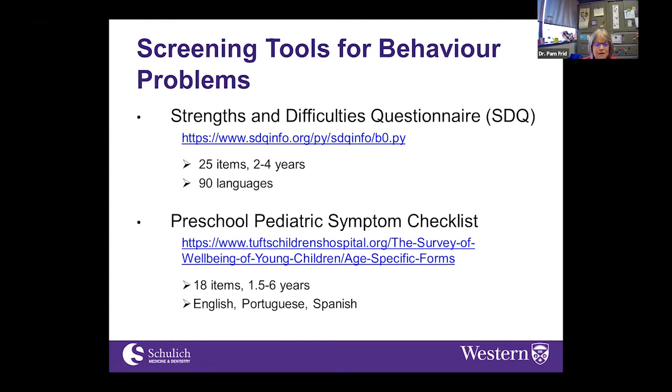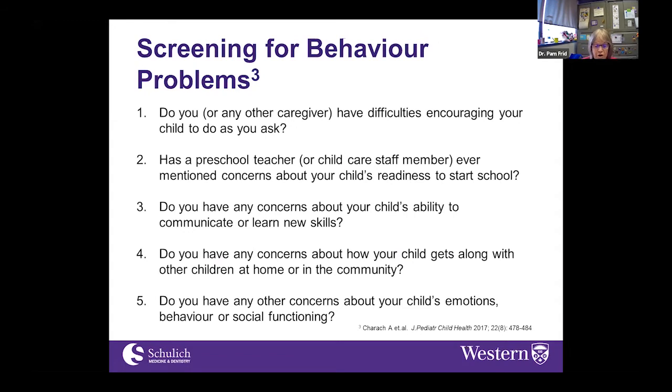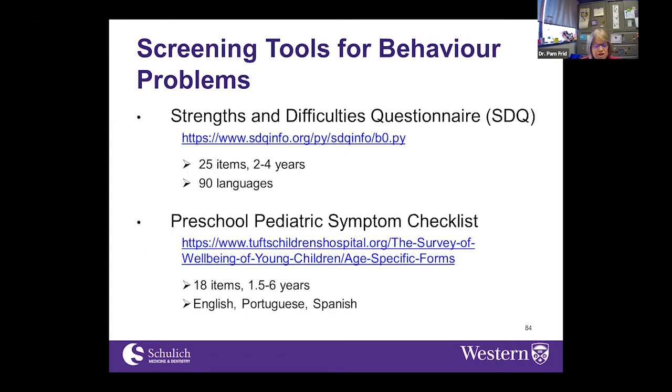There are also some lovely tools that are available to help screen for behavior problems as well. And I've just put 2 of them up here. But if you go to the article that's referenced on the bottom of this slide, you will actually find a chart with 5 different screening tools that you can use. And I've just put 2 up here. The reason I picked these 2 is that, again, they are free.